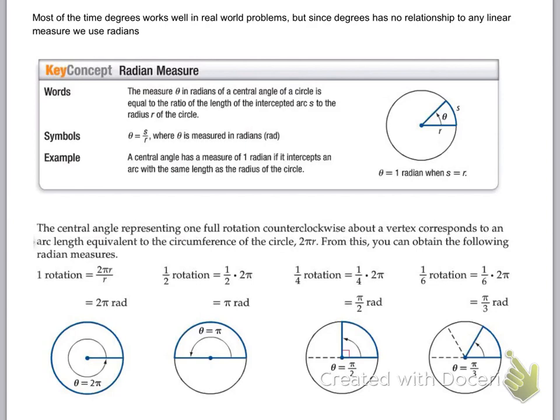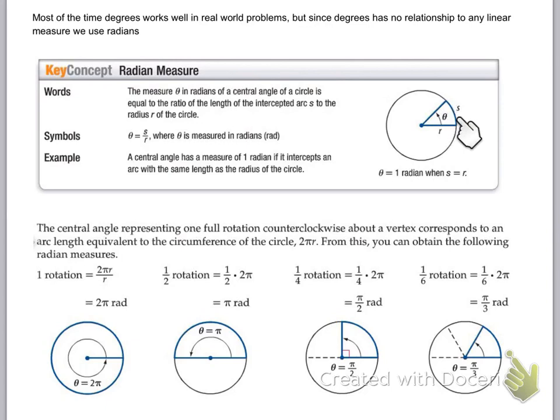A central angle with a measure of 1 radian intercepts an arc with the same length as the radius. So if you take the radius of a circle and lay it across its side, so if we had a circle with a radius of r and an arc length of r, r divided by r is 1. That would be considered 1 radian.